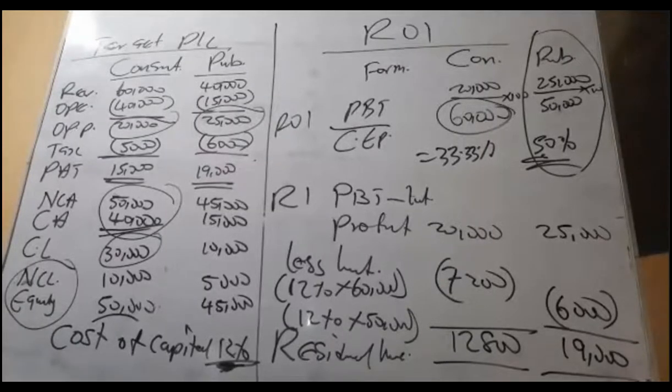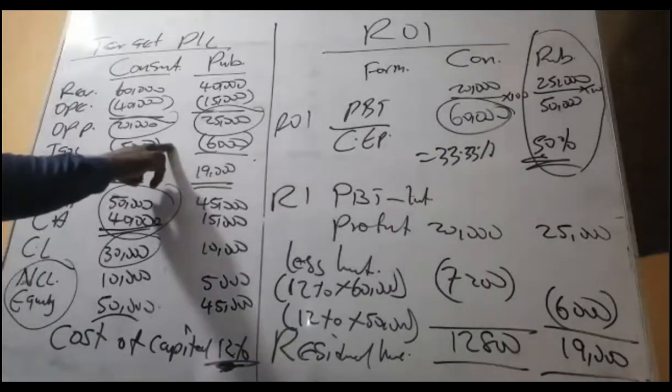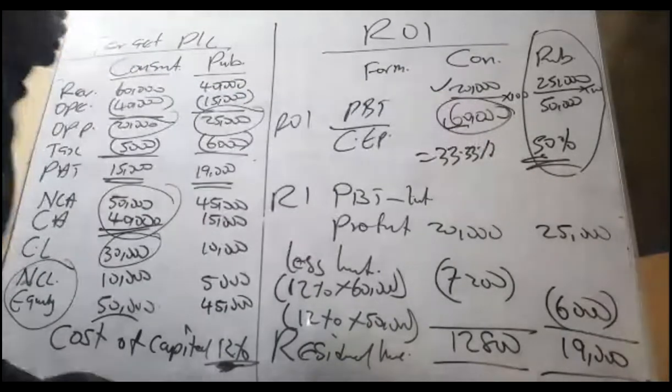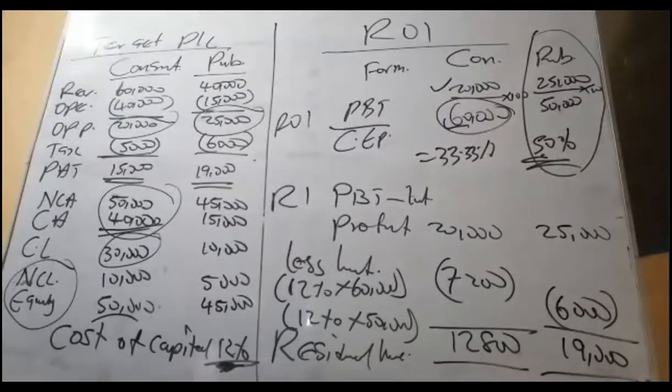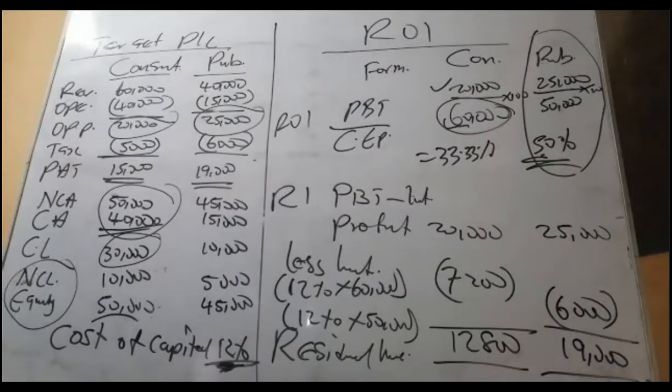So you are very versatile in terms of depreciation calculation. So all I have to do is calculate the depreciation, subtract it from the profit, and subtract it from where? The capital employed. That's all.